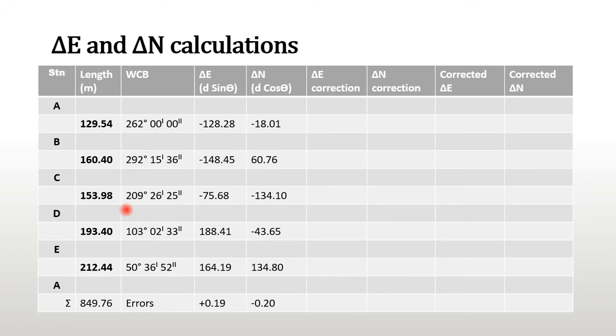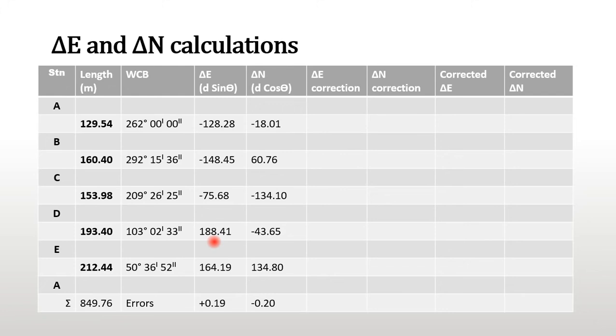Therefore we need to determine the perimeter of the polygon that we have traversed. So we add all these traverse legs, and the answer is 849.76. And also we add the change in eastings and also change in northings. Wherever there are no errors, the answer is supposed to be 0. If we add all the change in eastings, the answer should be 0.